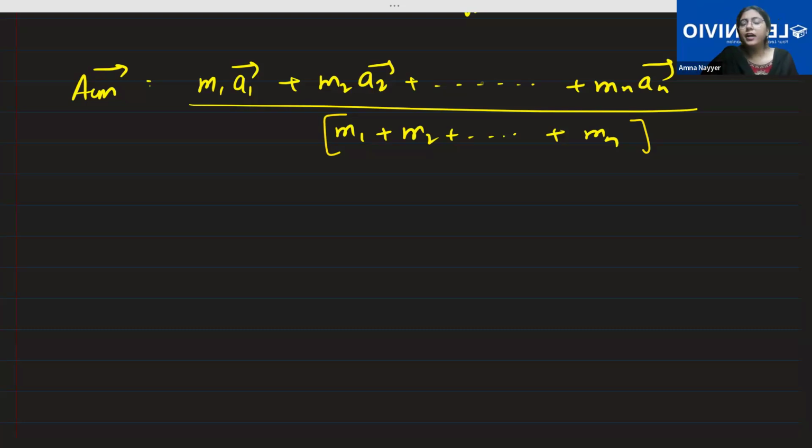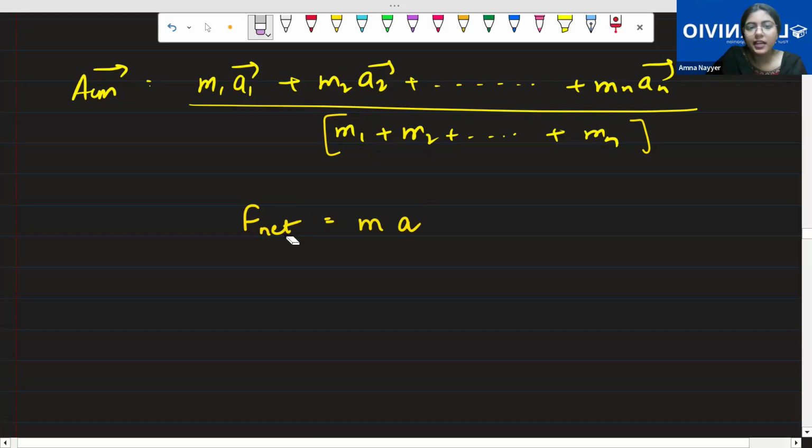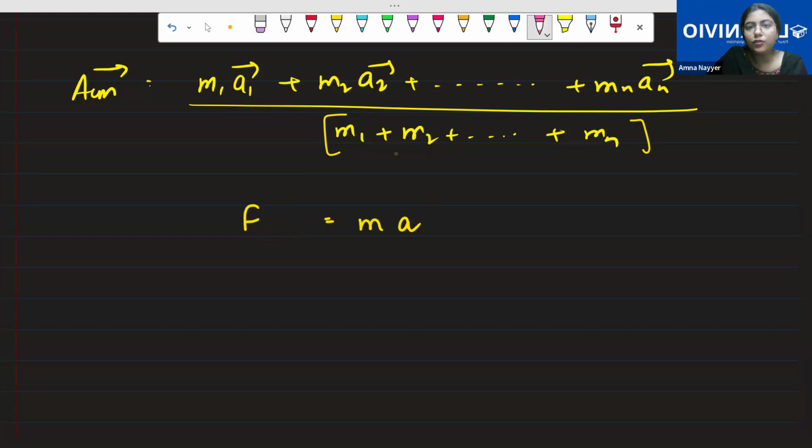Now, according to Newton's second law, the net force is equal to mass into acceleration. So if I talk about the net force of the center of mass, the acceleration of the center of mass will also be considered.